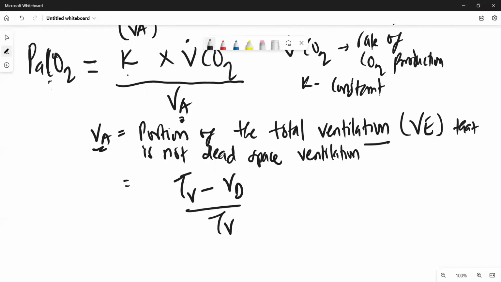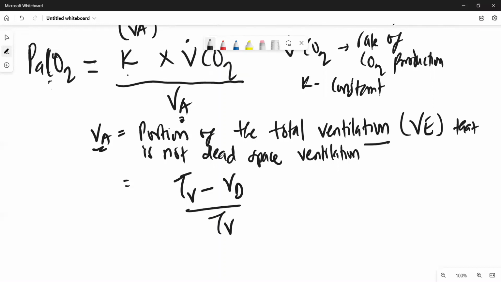So that will give us that portion of the tidal volume that is not dead space. Just like when we are calculating ejection fraction, end diastolic volume minus end systolic volume divided by end diastolic volume. So kind of a similar principle here. That will give us the portion of the tidal volume that is going to be taking part in gaseous exchange. In other words, we expect it to be in the alveoli.